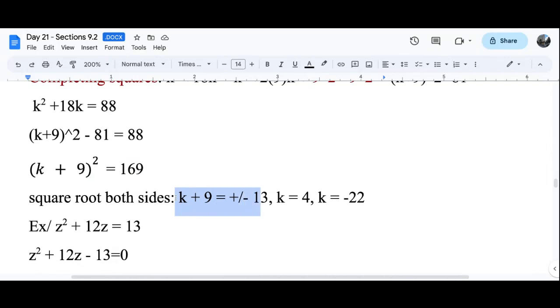So that gives me k plus 9 equals to positive 13 and negative 13. If it were positive 13, I get k equals to 13 minus 9, which equals to 4. If it's negative 13, I get negative 13 minus 9 equals negative 22. So I have the same 2 solutions.